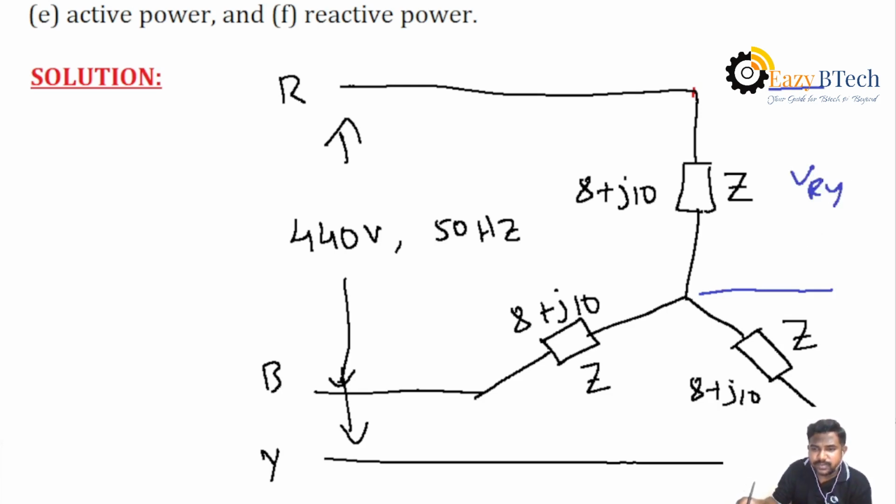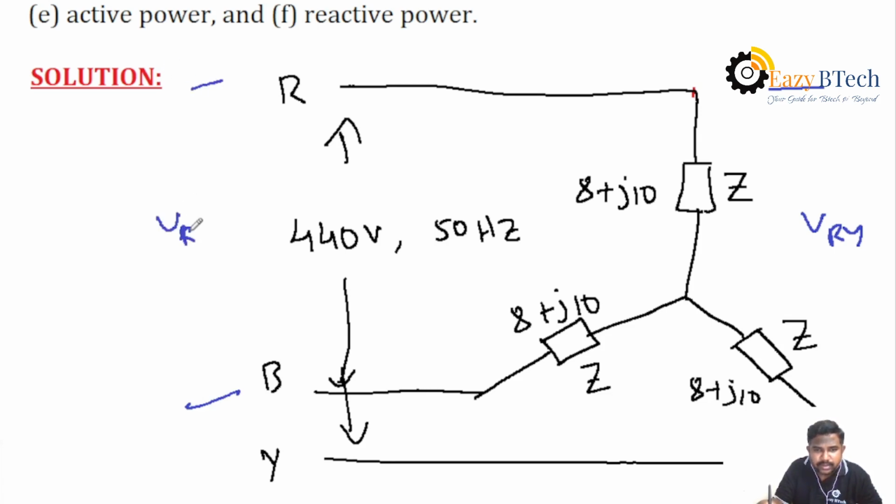Similarly, the voltage between Y and B, VYB. Okay, this is the Y phase, between VRY. Similarly, this is B and this is R. What is the line voltage here? VBR. And between Y and B, that is VYB.